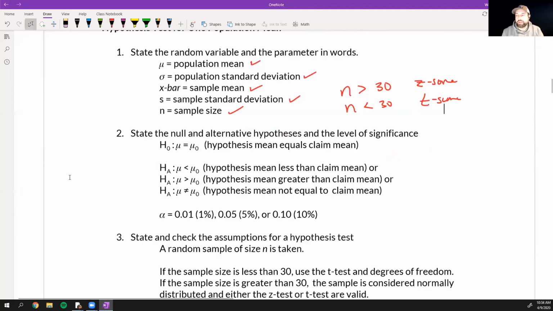So once you're done with that, you set your null hypothesis, and then you pick one: are you looking for the area less than, greater than, or not equal to? And then what is your threshold? 1%, 5%, or 10%? All of this information will be given to you. You just got to make sure that you can identify it.